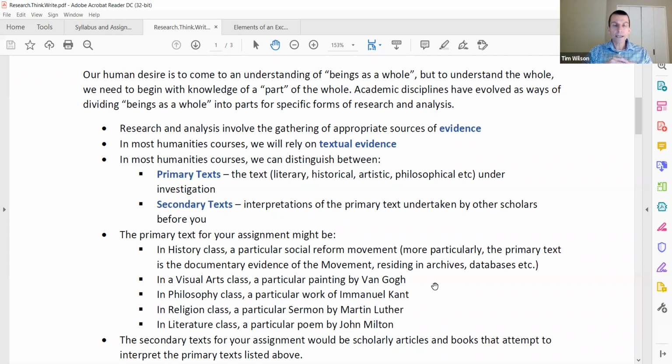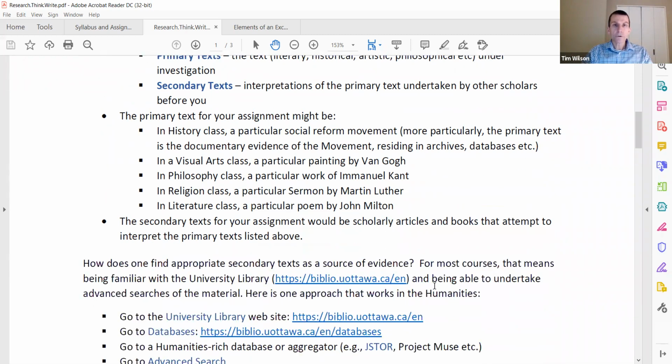And then the secondary texts are interpretations of the primary text undertaken by other scholars or other writers throughout the tradition. For instance, a primary text for your assignment in a history class might be a particular social reform movement, and then more particularly, the primary text might be documents in an archive around the movement.